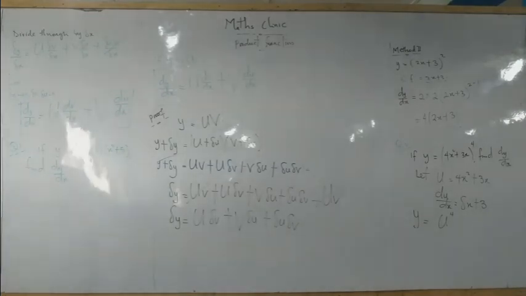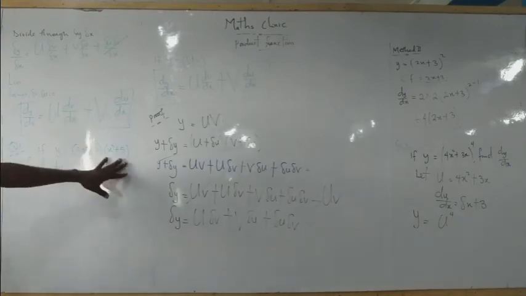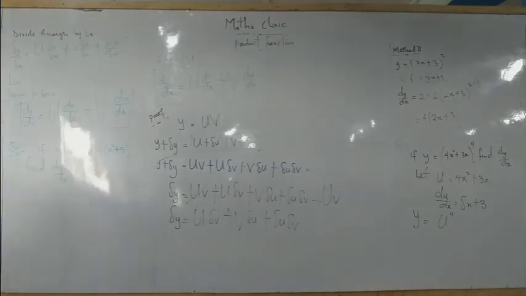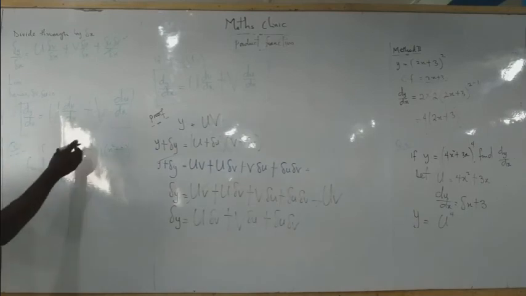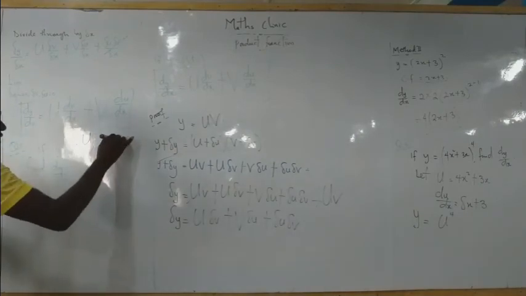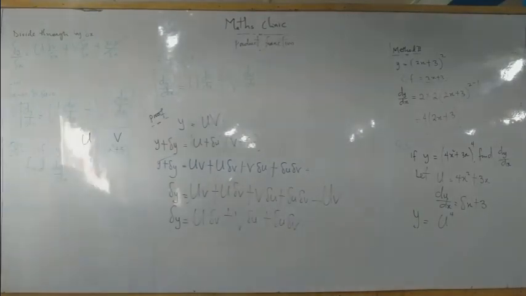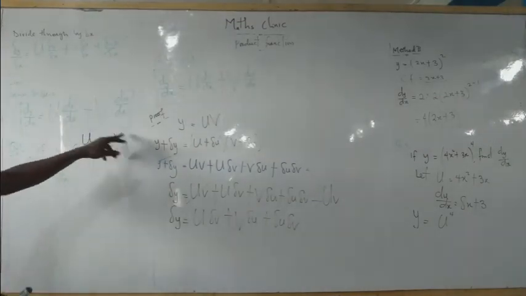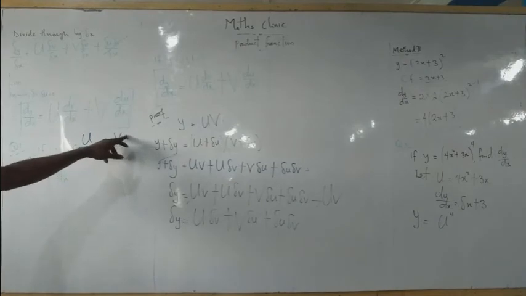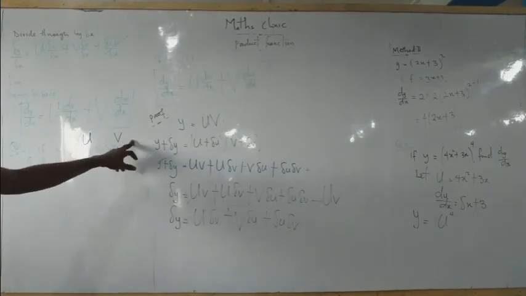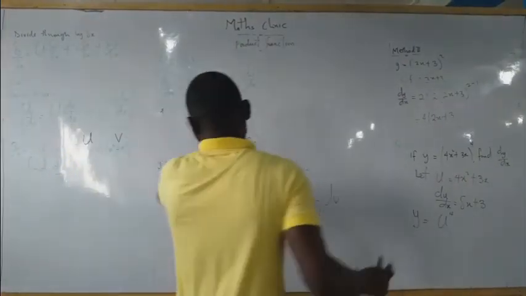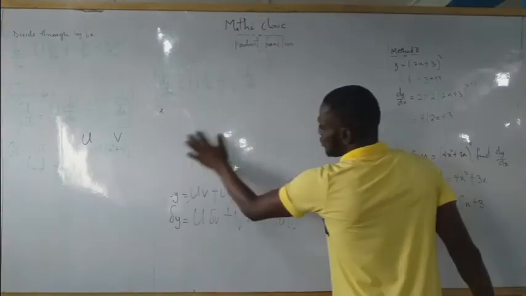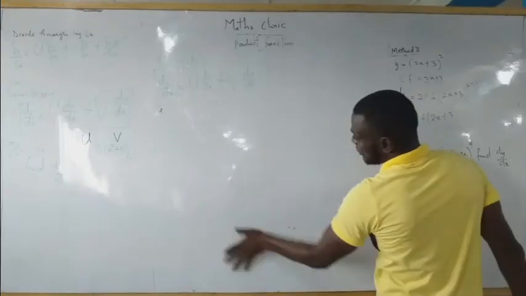Then we need to differentiate between u and v. You can say let u equal this and let this be v. You can also pick this to be v or this to be u, because u times v is the same thing as v times u. So anyone can be your v, while anyone can be your u.